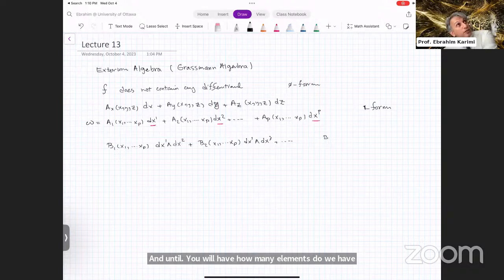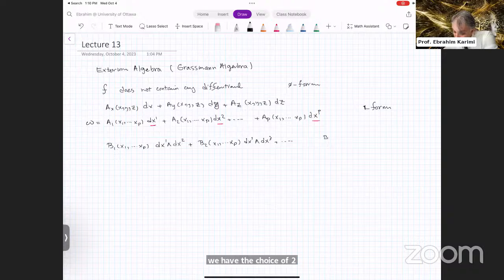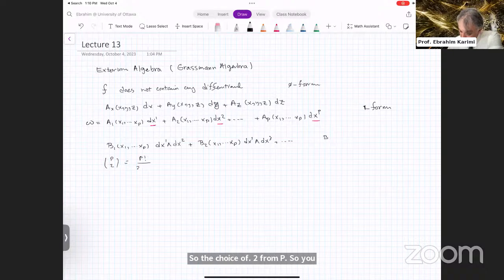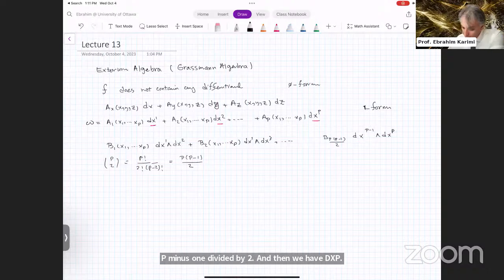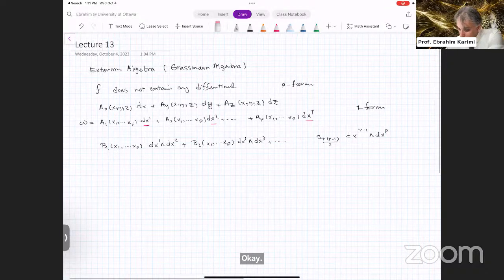We have the choice of 2 from p, so it's p factorial divided by 2 factorial times (p minus 2) factorial. That will be p times (p minus 1) divided by 2, and the last term is dx_(p-1) dx_p. We call these the two forms.